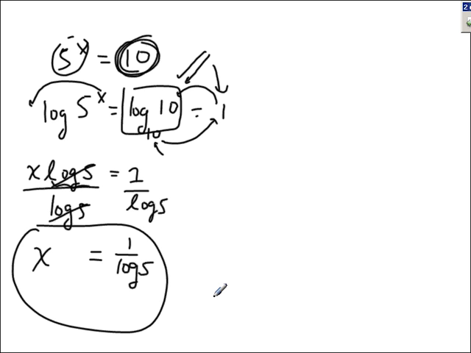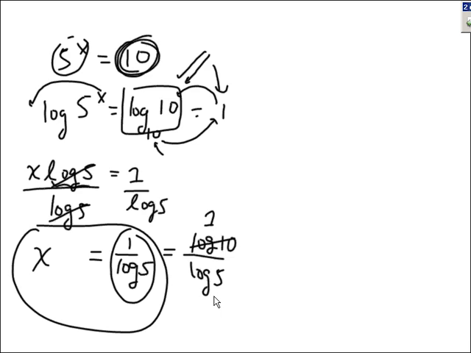Log of this divided by log of that. We kind of had that. Log 10 over log 5. Thing is, log 10 is 1, just like it says there. So it was good to introduce logs because, in the final answer, it got rid of one of the logs. It was simplified to a commonly known number.